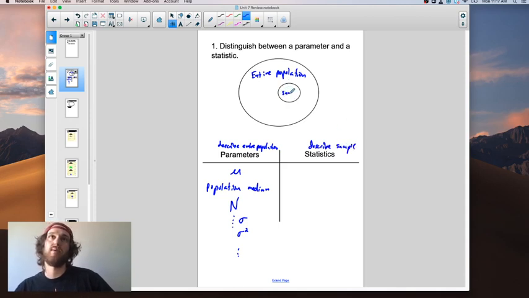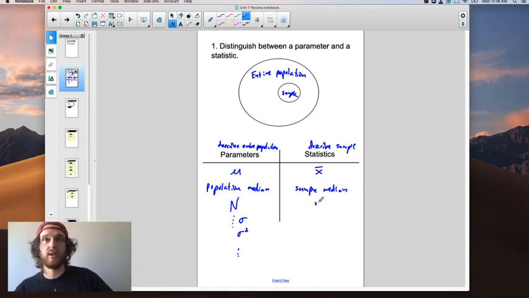So we're going to pull out individuals or objects from the population, and we're going to try and say something about the population based on the sample that we've collected. And those statistics, what we might use to describe the population mean might be the sample mean, or maybe we would use the sample median to try and take a guess at the population median.